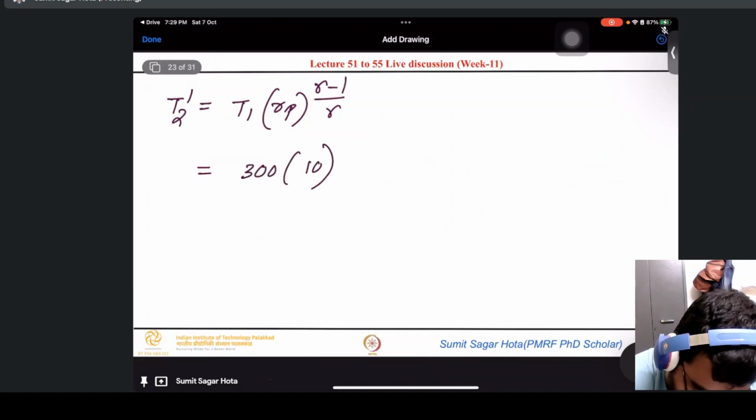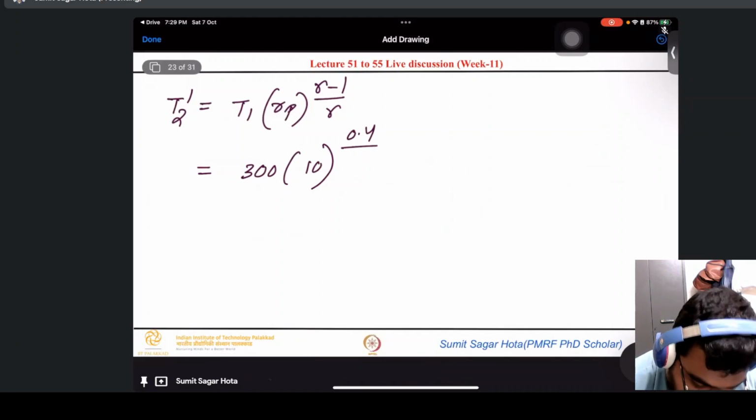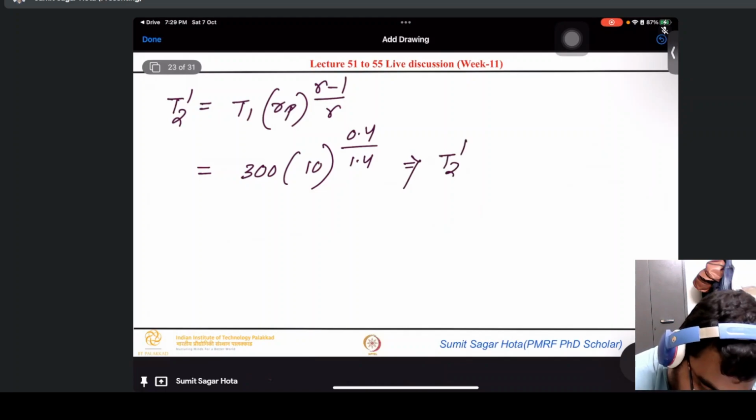What is gamma? 1.4 for air. And divided by gamma is also 1.4. Total value we will get T2 dash is equal to 579.2 Kelvin.